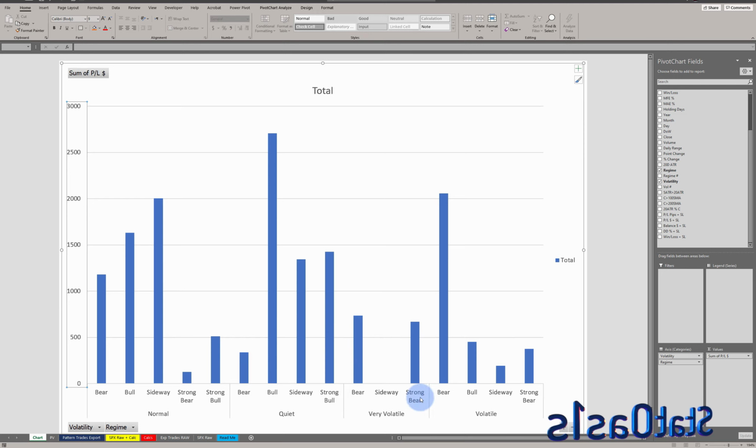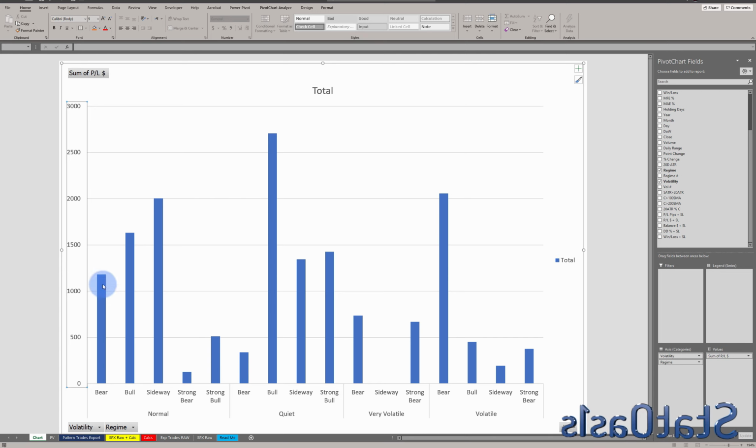So now I can clearly see that this is $1,000 per share. Remember, we're taking the sum of PL in dollars, which is dollars and cents per share.